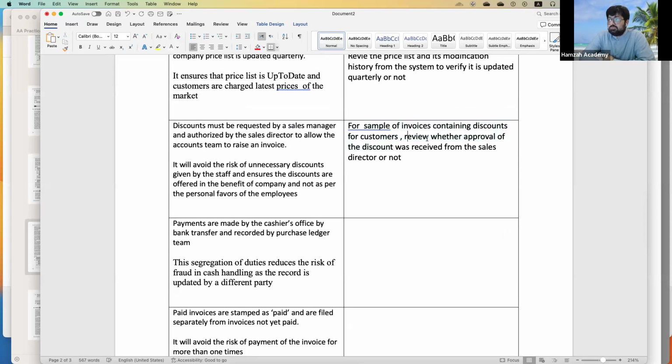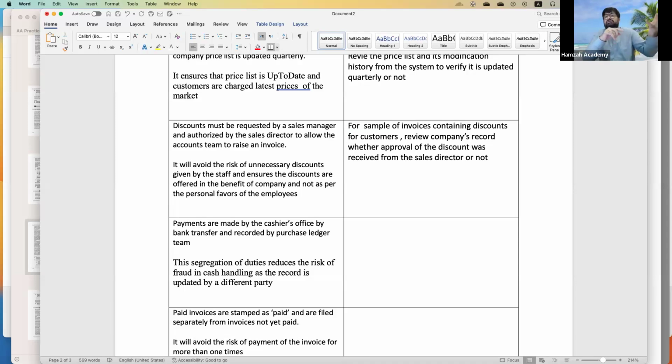Review company's record. Now it will be complete. Now record in the form of anything. I told you where they have told specific format, then we have to write specific format.